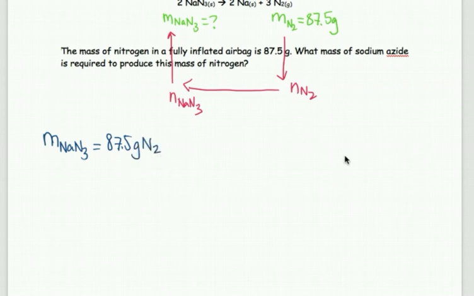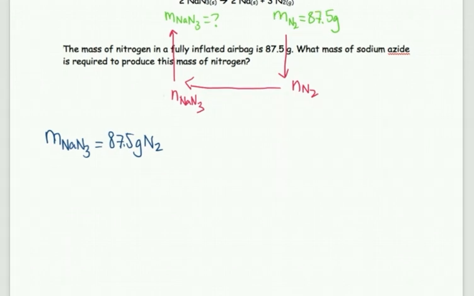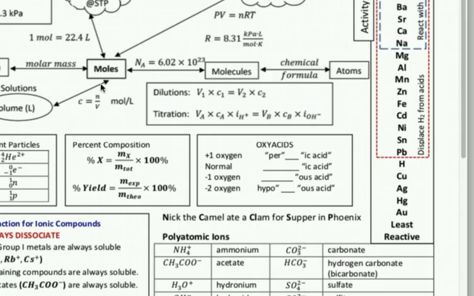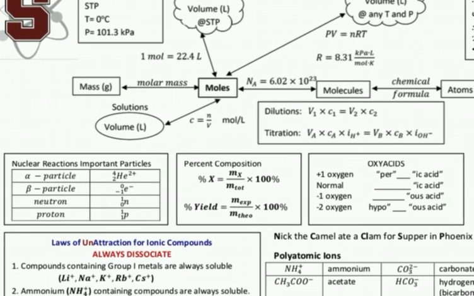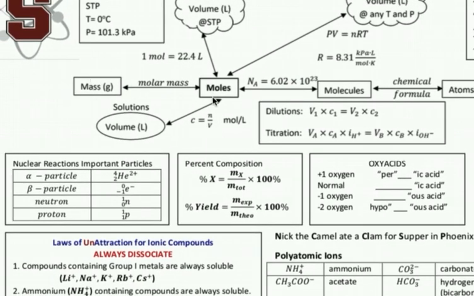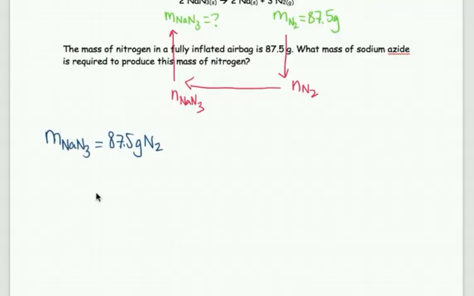All right, so in that first step, when we're island jumping, remember you are trying to go from mass to moles, right? Mass to moles. So you need to use your molar mass. So we'll quickly do that over here. We're going to find the molar mass of nitrogen.